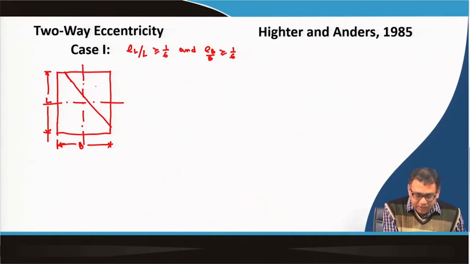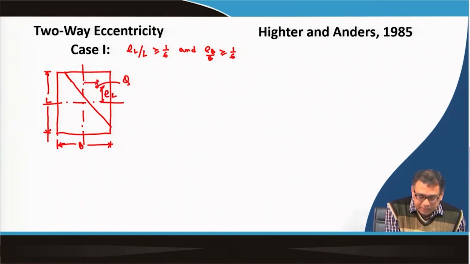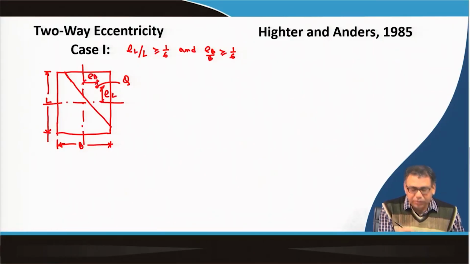Now my load will act here, where Q acts, and this one is e_L and this one is e_B, and both are greater than or equal to 1 by 6.